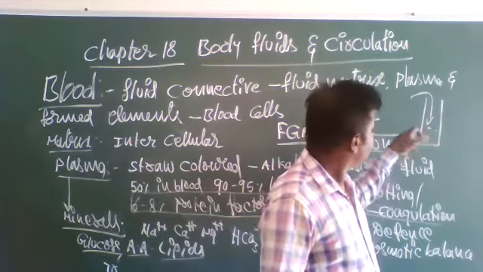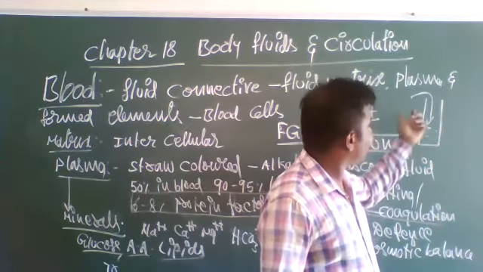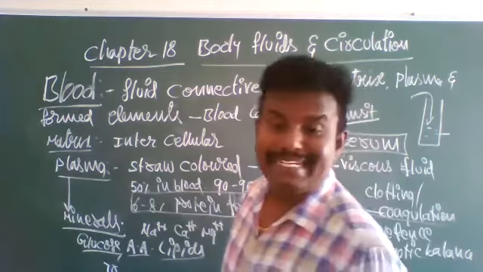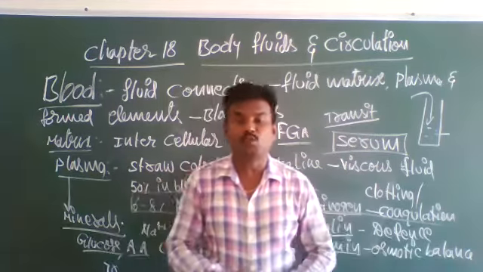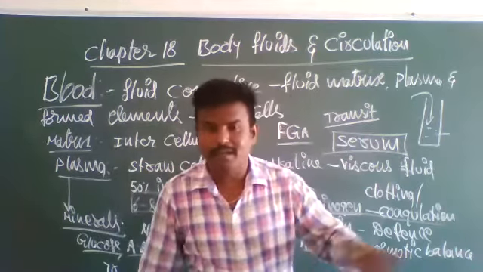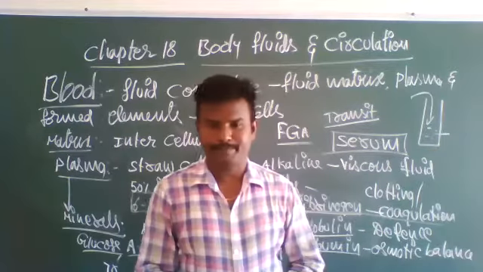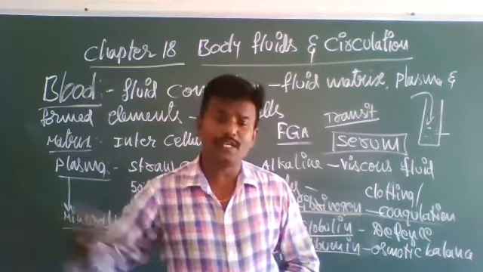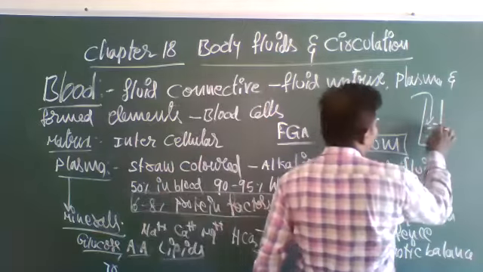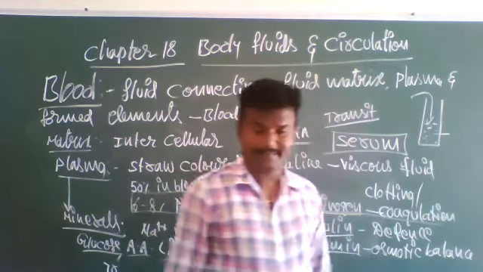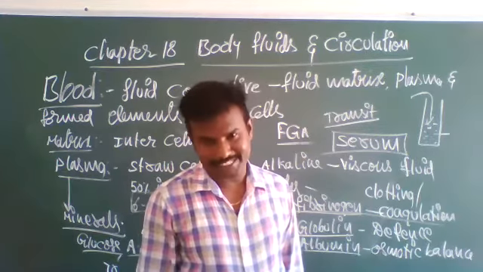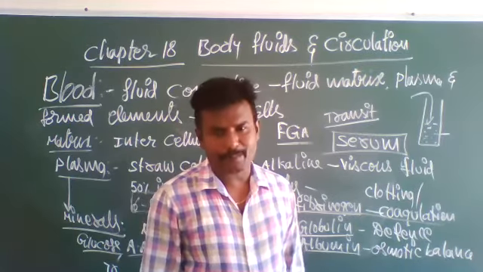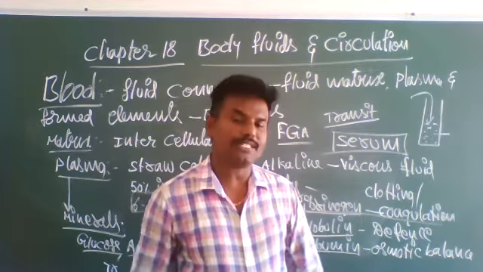Soon after taking blood into this test tube, they will add sodium oxalate or sodium citrate to prevent the blood clot. If they did not add sodium oxalate or sodium citrate, the blood would immediately clot. Whatever factors are present would be in an inactive state.